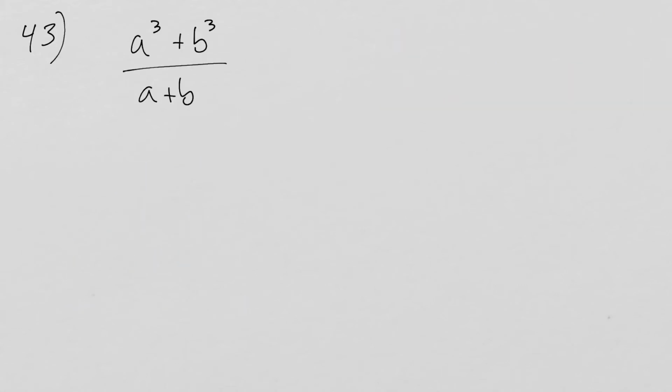Okay, so in the numerator of this problem we have the sum of two cubes. Remember, that's always going to be a binomial times a trinomial. And we do put the cube root items in the binomial. For the trinomial, we go square, product, square. So the square, the product of the two, and the square of the last. And then we do SOAP. This is a plus.